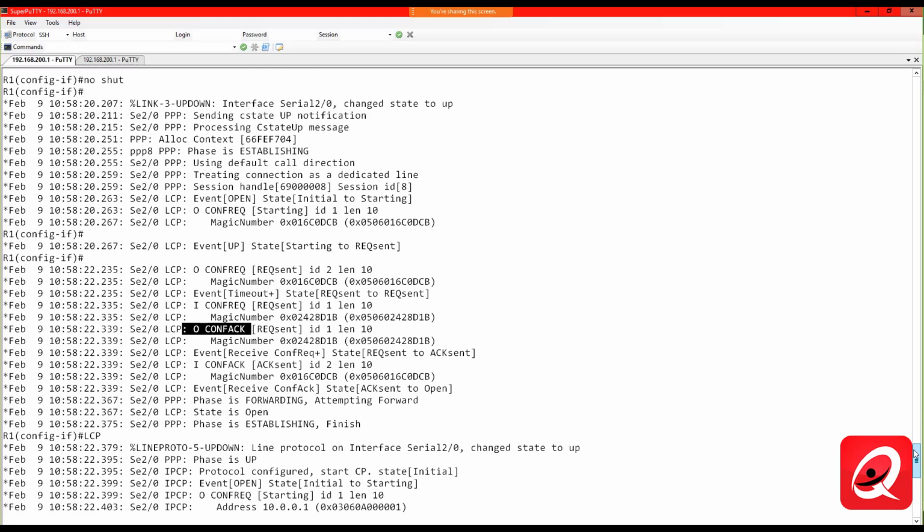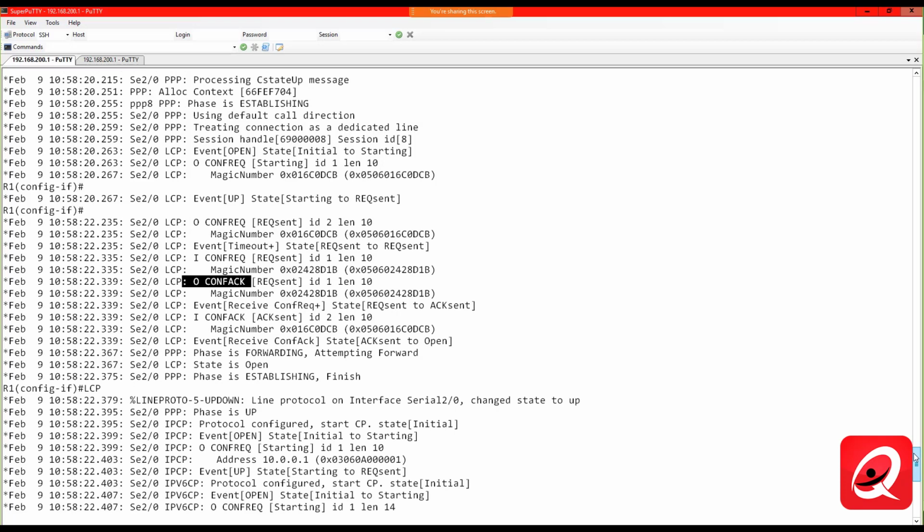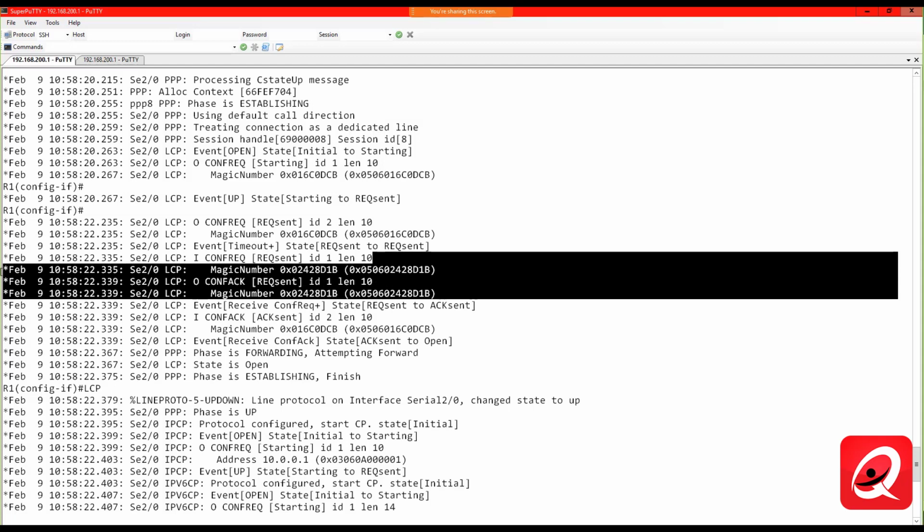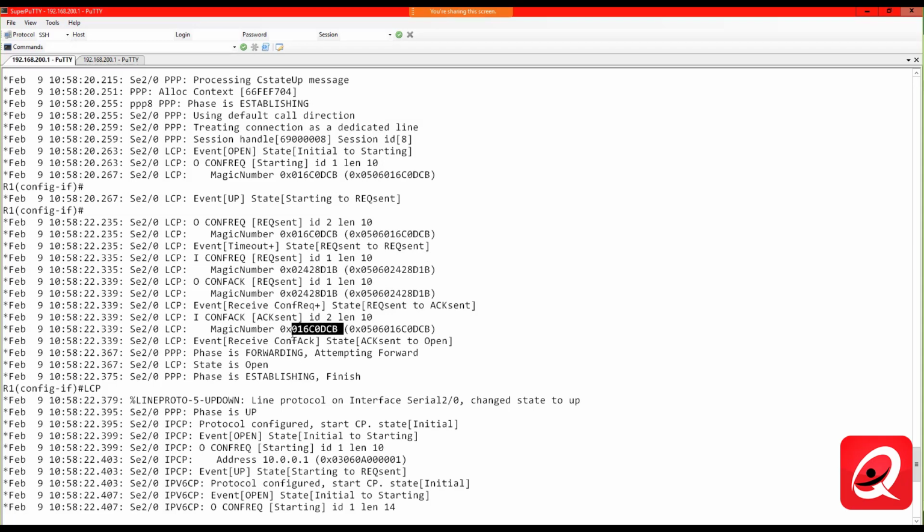All right. So we're negotiating essentially the different phases. You can tell that these are messages that are sent by myself, given a magic number here, and this is the information that I'm receiving. Received conf ACK. So this is the magic number that the other side is using. This is the magic number that I'm using, and so on.